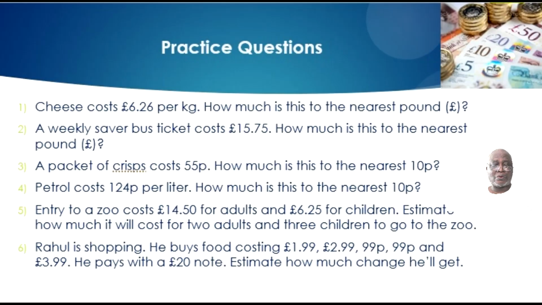He pays with a £20 note. Estimate how much change he'll get. You're estimating. So what do you do? You add all of them before you subtract. But if you're rounding up, then you have to round each of those items. So £1.99 becomes £2, £2.99 becomes £3, and so on before you do your calculations.